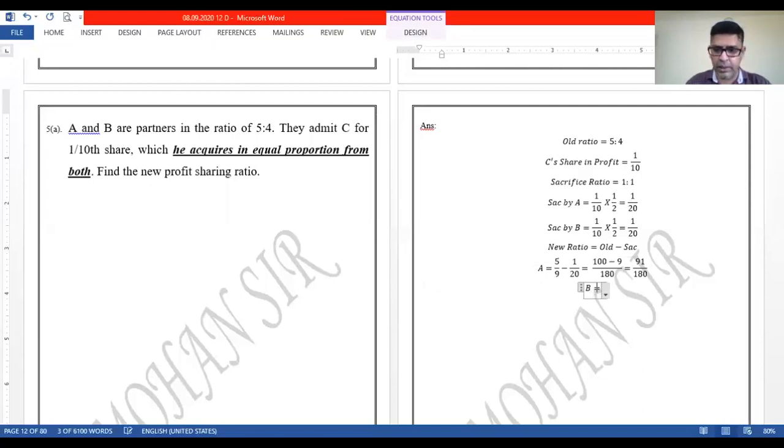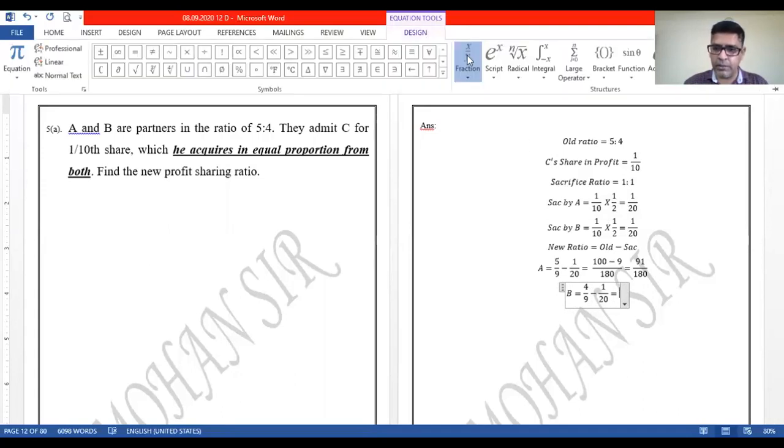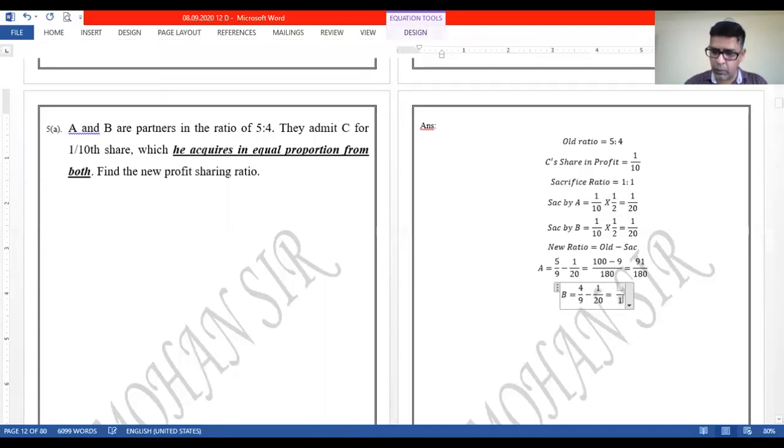For B, the old share is 4 by 9 minus sacrifice 1 by 20. Okay, so that will be equal to the same thing again. The LCM will be 180, and 20 into 4 is 80 minus 9 ones are 9. Okay, so 80 minus 9, that will be 71. 71 by 180.